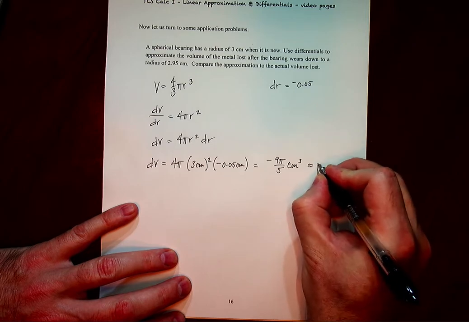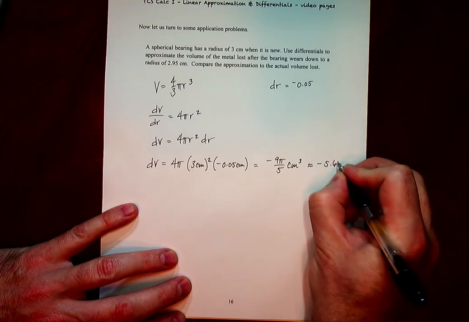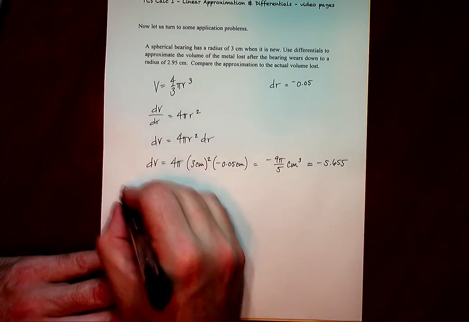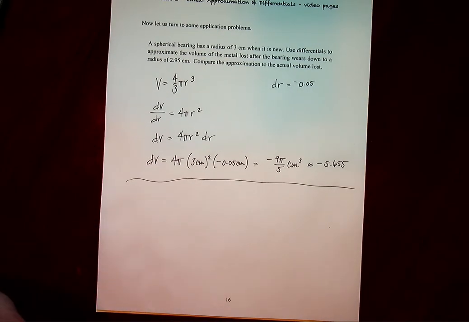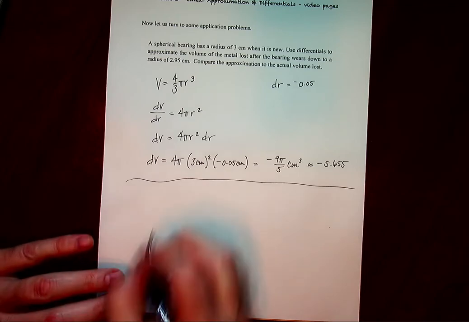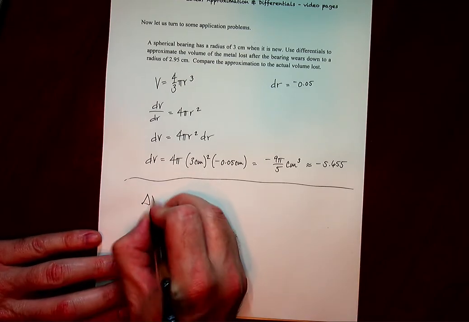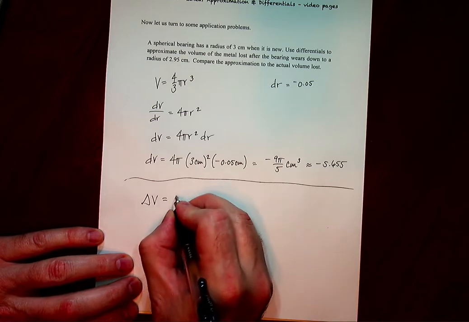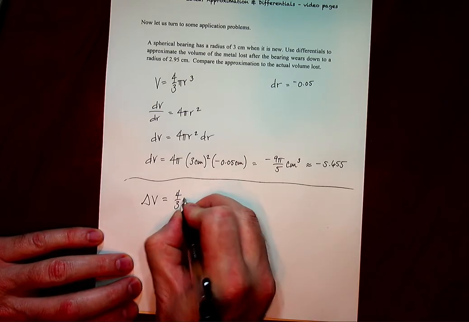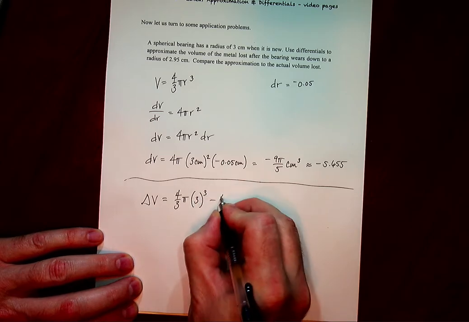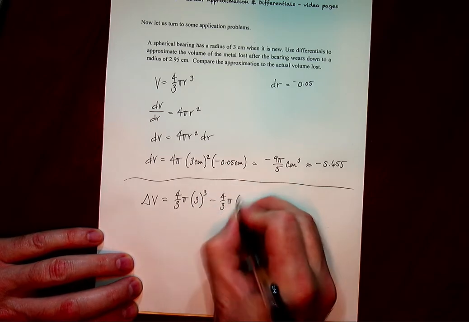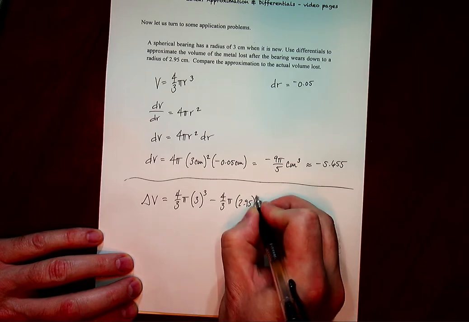That approximates to negative 5.655. Now, if you wanted to actually compare it to the original, you would simply need the volume when it's at 3 centimeters and the volume when it's at 2.95 centimeters. So the delta V is going to be 4/3 pi 3 cubed minus 4/3 pi 2.95 cubed.